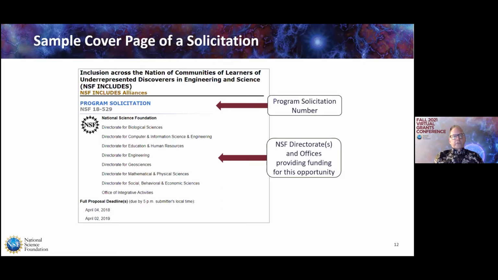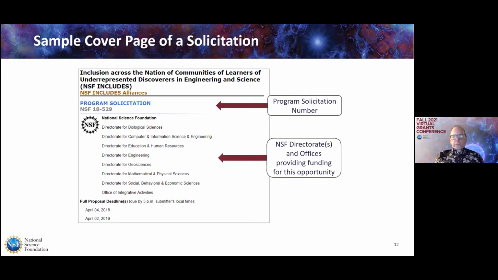Solicitations are not necessarily updated quite so regularly. Here, for example, is a program solicitation that is 18-529. So it was created in fiscal year 18, but is still applicable.